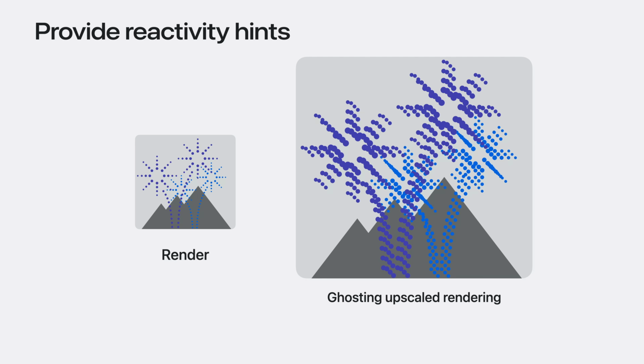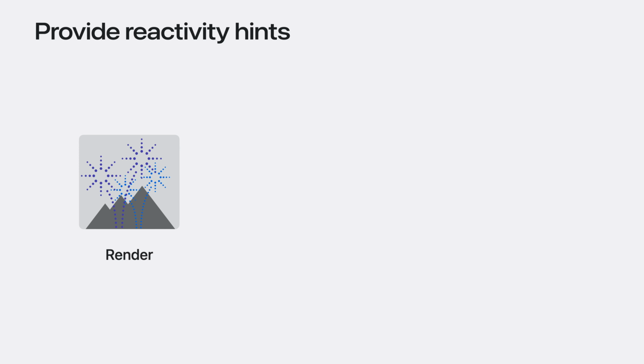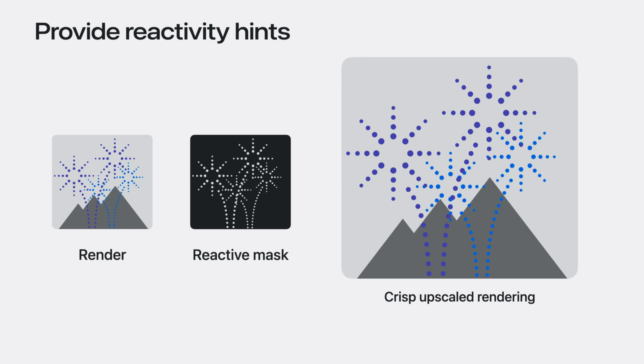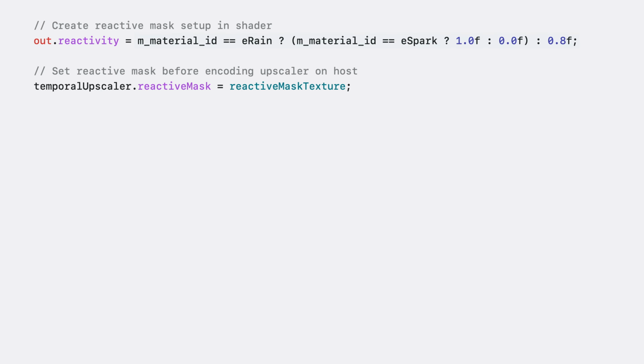To give you control over how your particles are handled, the upscaler now takes in a new optional input called the reactive mask. This mask allows you to mark areas covered by these effects. To use it, set the reactive mask value in the shader, for example, based on the material type in the G buffer.